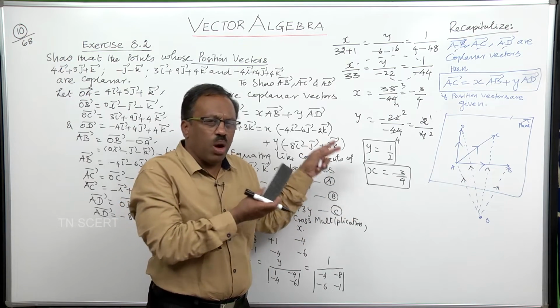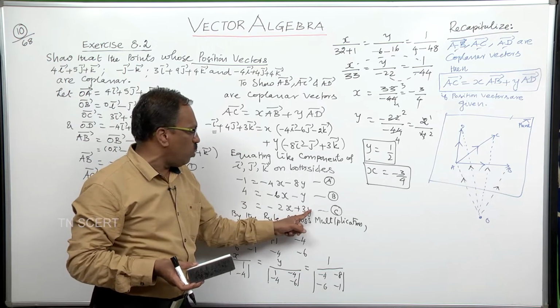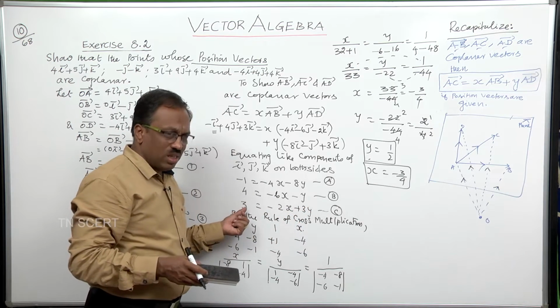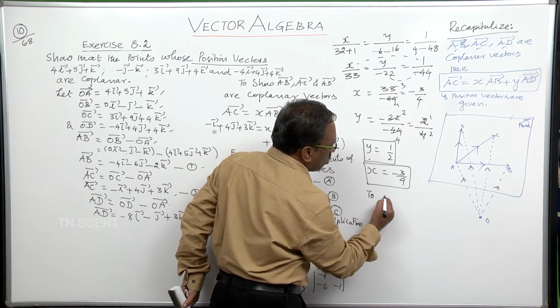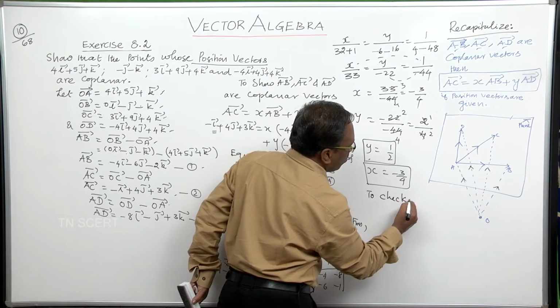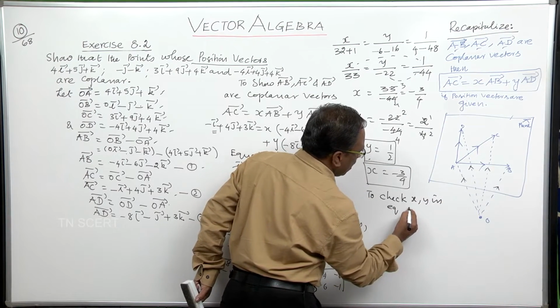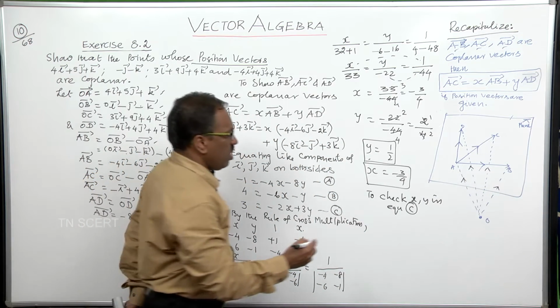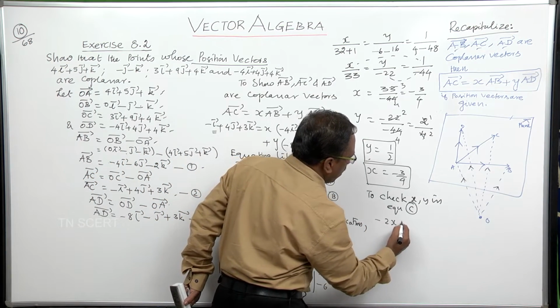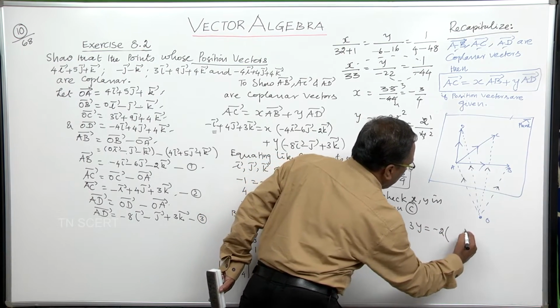This we have to carry out to the third equation of minus 2x plus 3y, which we have to arrive as 3. Let us check whether it is coplanar or not. To check x and y in equation C, let us take negative 2x plus 3y, which means negative 2 into x.